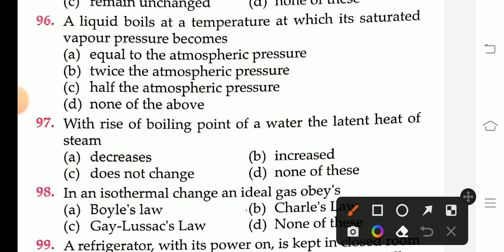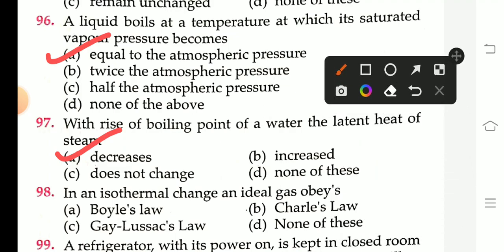Right answer will be option A, equal to the atmospheric pressure. Next, with rise of boiling point of water, the latent heat of steam. Right answer will be option A, decreases. Next, in an isothermal change, an ideal gas obeys. Right answer will be option A, Boyle's law.